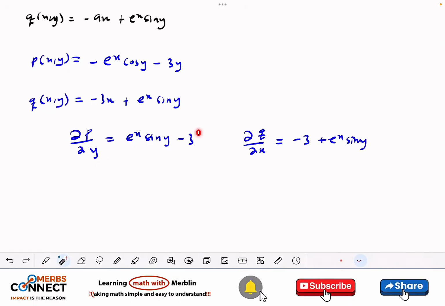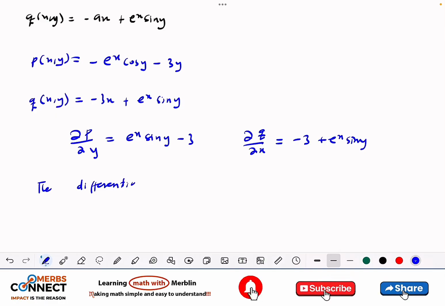So we can see that this is the same as this. So the differential equation is exact, which the question even told us.